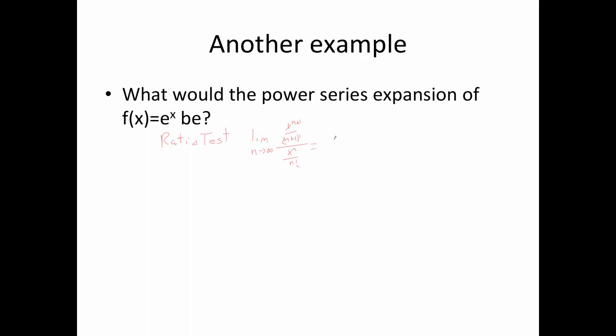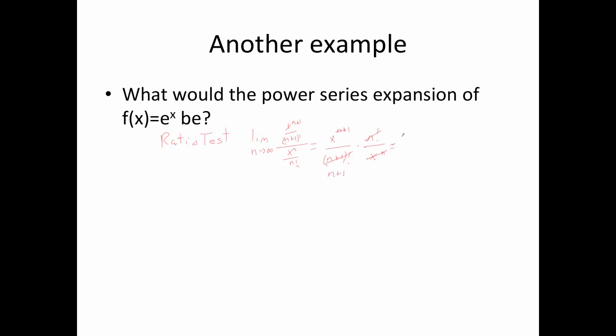Then this is x to the n plus 1 divided by n plus 1 factorial times n factorial over x to the n. Well, that cancels with all but one of those, and that cancels, and leaves us an n plus 1 down here.